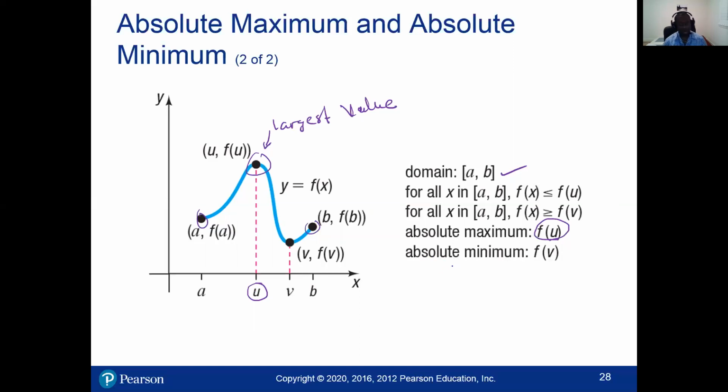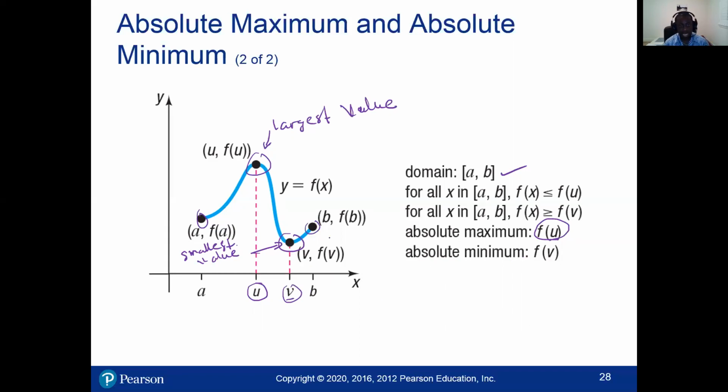Now what about the absolute minimum? Look at this portion where there's a v, because over the entire domain, this is the smallest value of the function. So it occurs at v, and that is the absolute minimum.